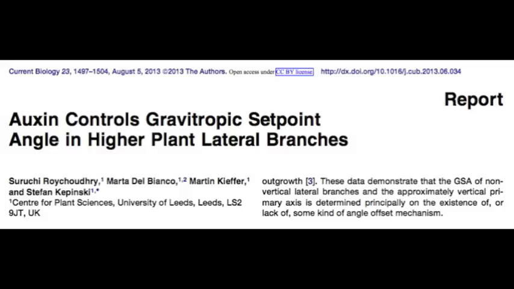So it's maintaining a GSA, but those GSA values are different as it grows out. So we asked, knowing that Auxin is making lateral roots more vertical, is it simply the case that there's more Auxin in those older lateral roots?